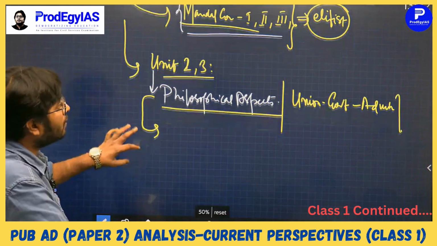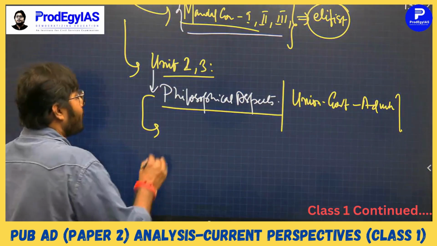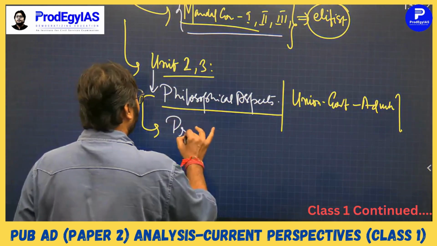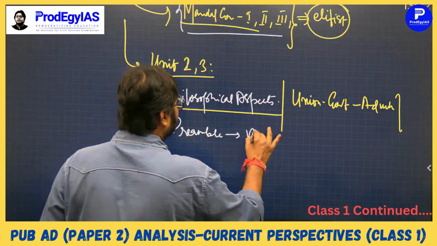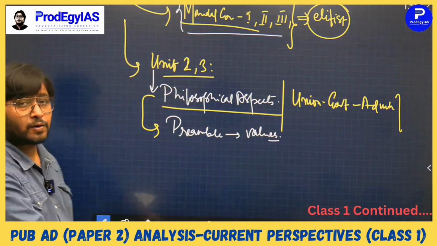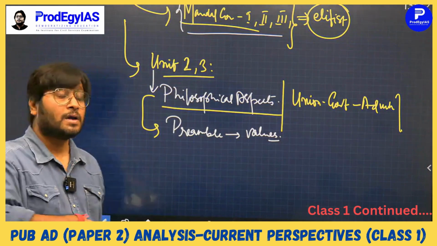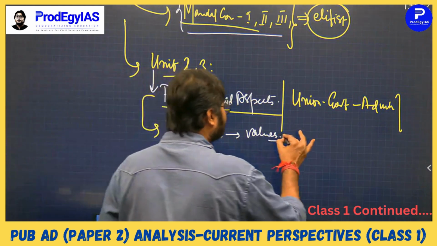Right here also a lot of general questions were asked, right? Mostly the values in the preamble. And so one or the other question, 15 markers, 10 markers, sometimes 20 markers also, values in the preamble.